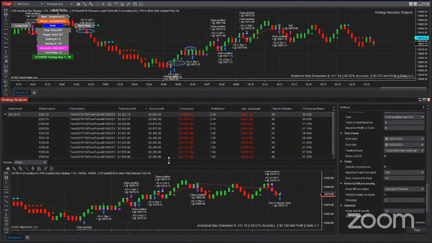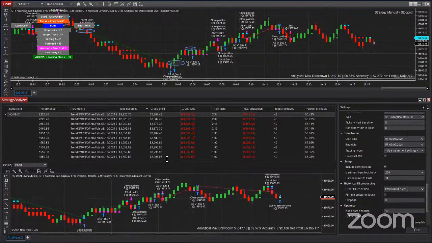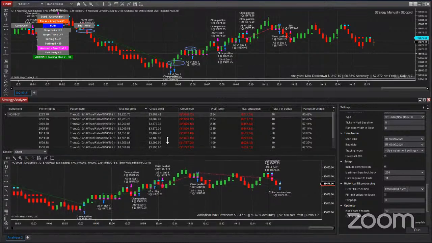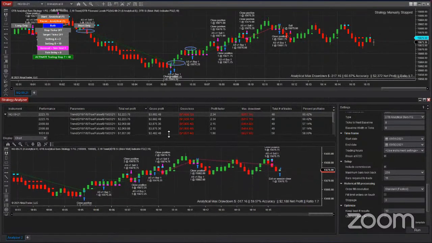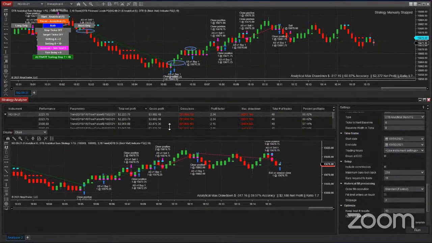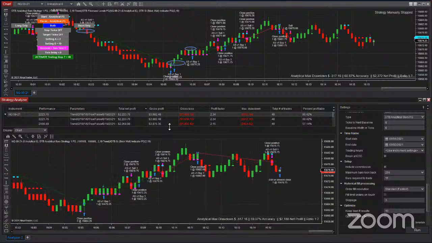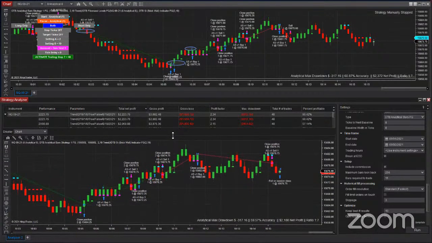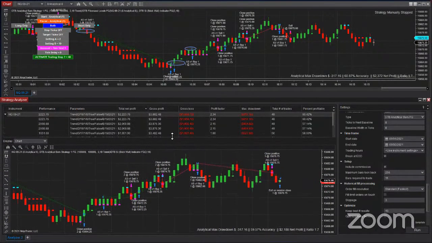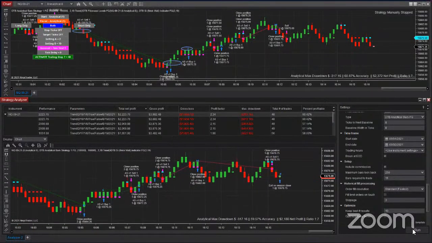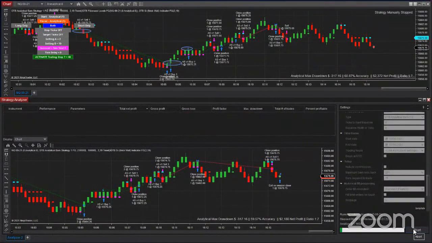But at least this training is like a fast forward training, because we're doing lots of optimizations, we're changing settings. So what we're doing here, you probably can take a third of that during your normal sessions of the day, because the market is a lot quieter. But at least you're getting good practice running these for now.